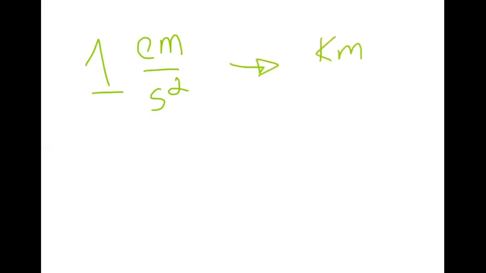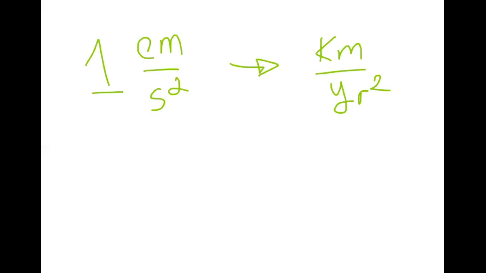Let's say that for this example, we want to turn 1 centimeter per second square, which is acceleration, into kilometer per year squared. It is a length over unit of time squared.